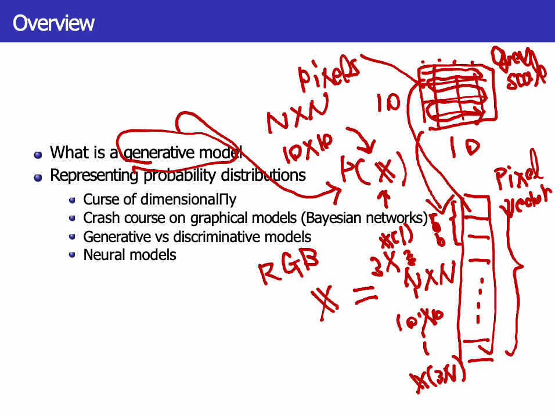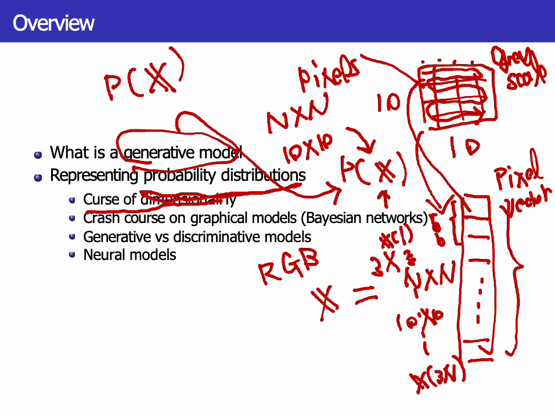So let us talk about how we should represent these probability distributions as p(x). We talk about the class of the dimensionalities and a crash course on graphical models.